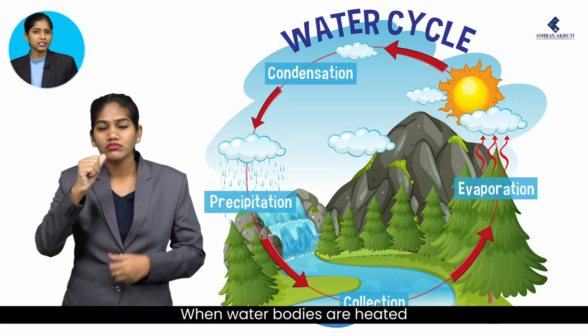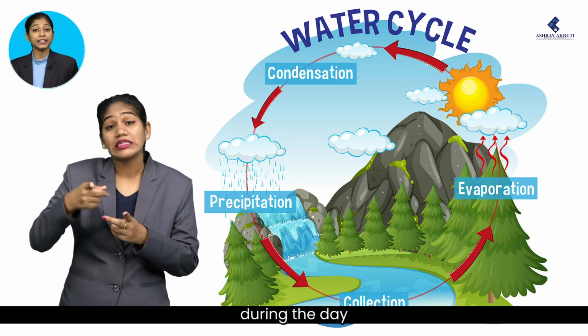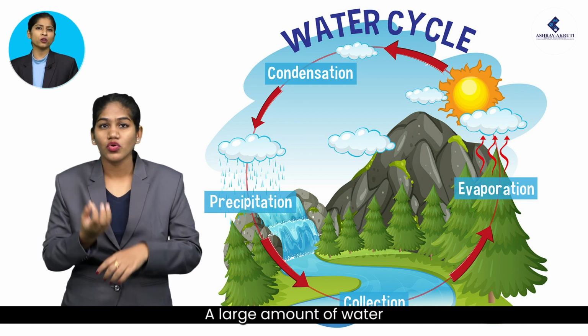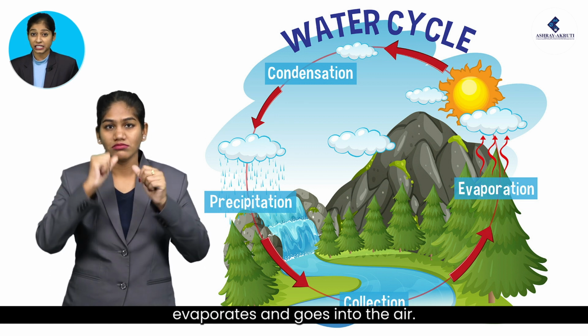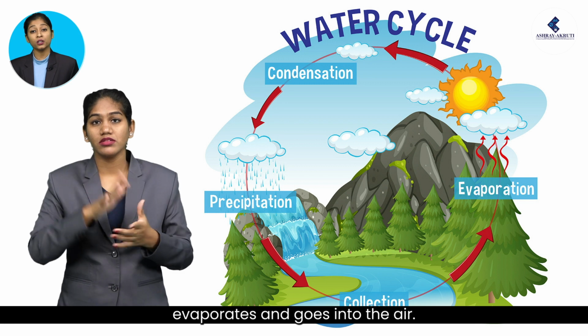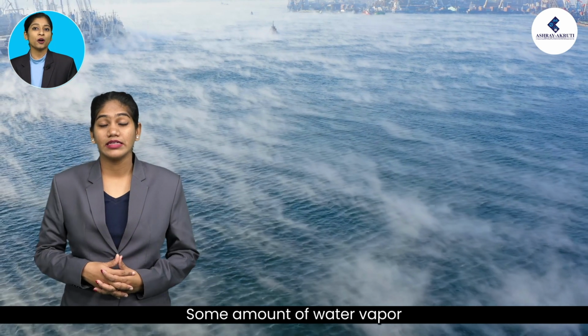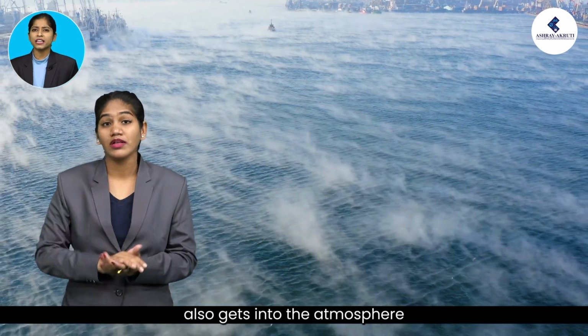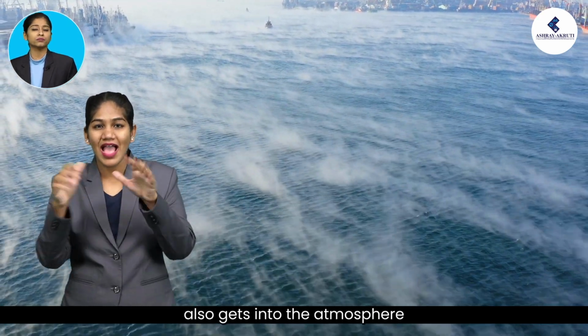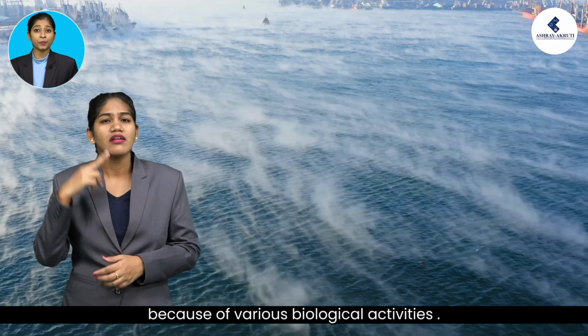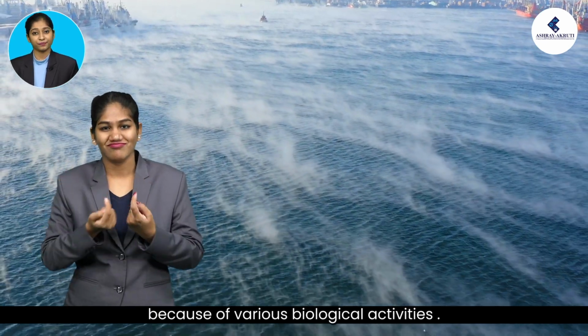When water bodies are heated during the day, a large amount of water evaporates and goes into the air. Some amount of water vapor also gets into the atmosphere because of various biological activities.